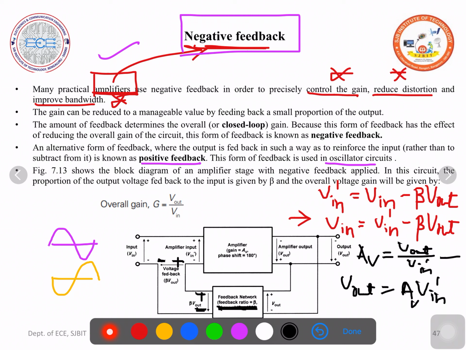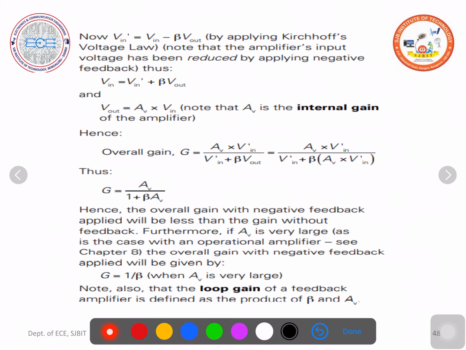From this equation, you can arrive at V out is equal to AV into V in dash. Now substitute equation 1 and equation 2 in the overall gain equation.